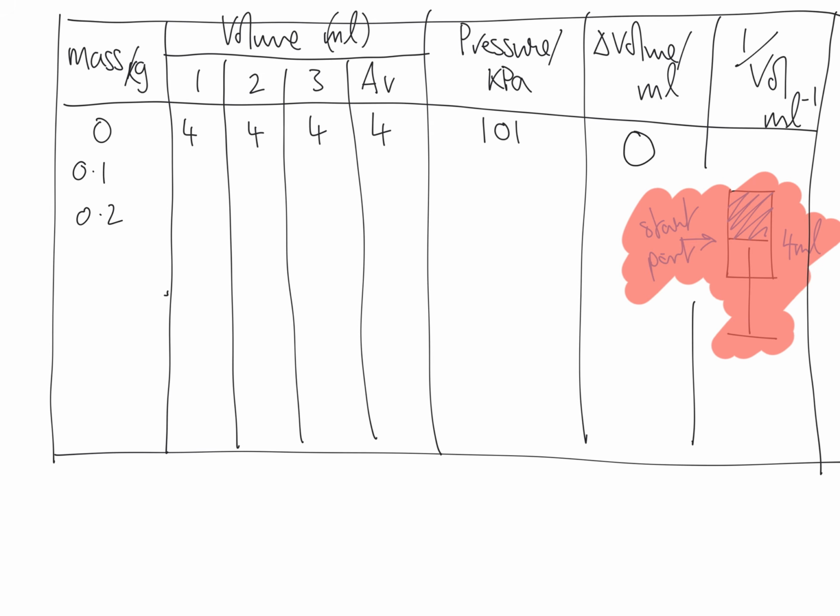And let's just imagine that we went to 6, with an average of 6. Then the change will be 6 minus 4, because this is our start point. Obviously 2. And of course you can invert, you can then do the inverse of the volume.